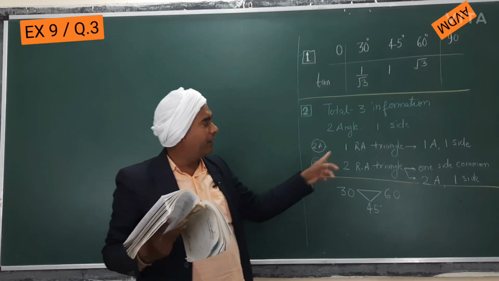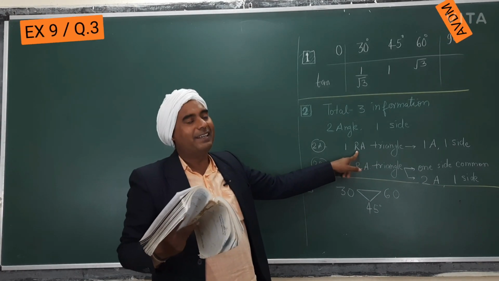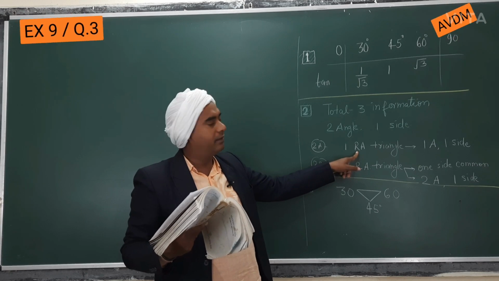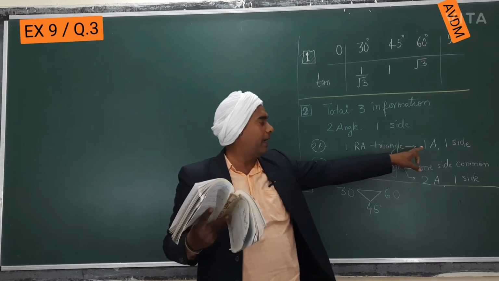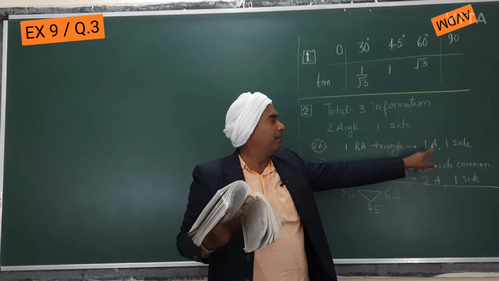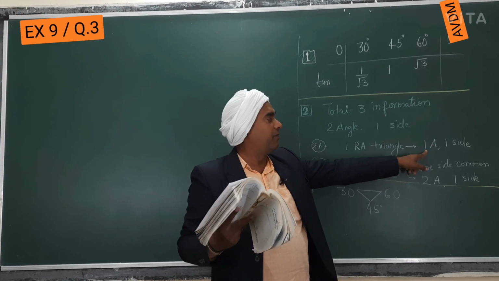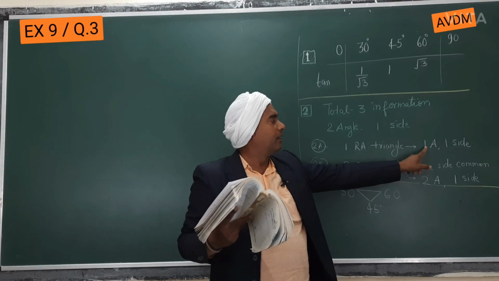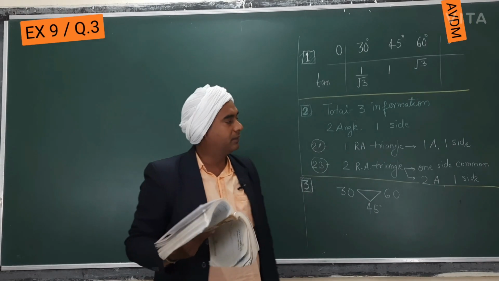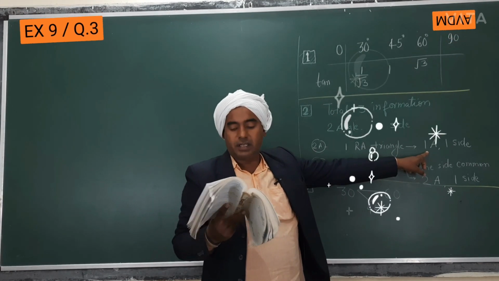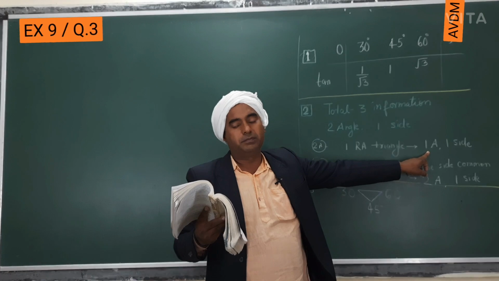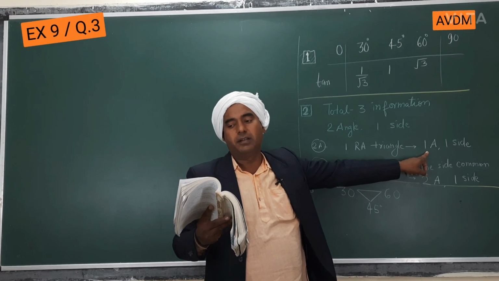In a right angle triangle, one angle is 90 degree, so only one extra angle will be given, and that will be 30, 60 or 45, and one side. Just like this are questions number 1 and 2 of exercise 9.1.